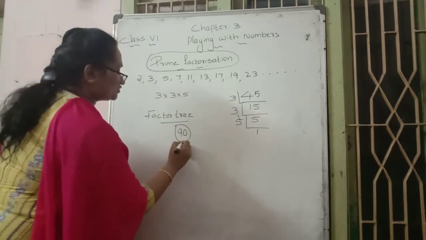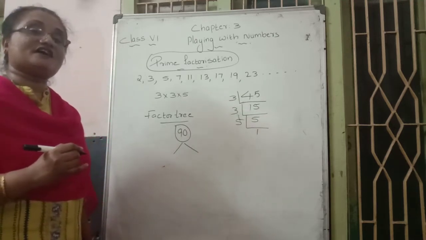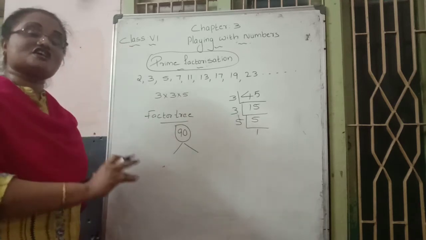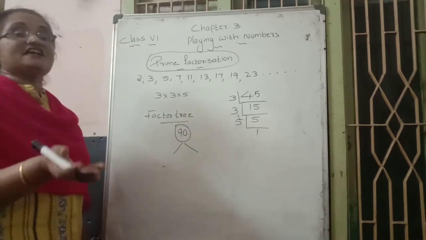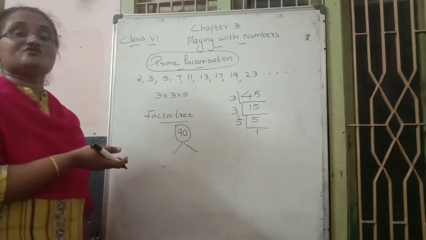For 90, draw two branches. How can we divide 90? 2 table is possible, 3 table, 9 table, 5 table, so many tables are possible for 90.